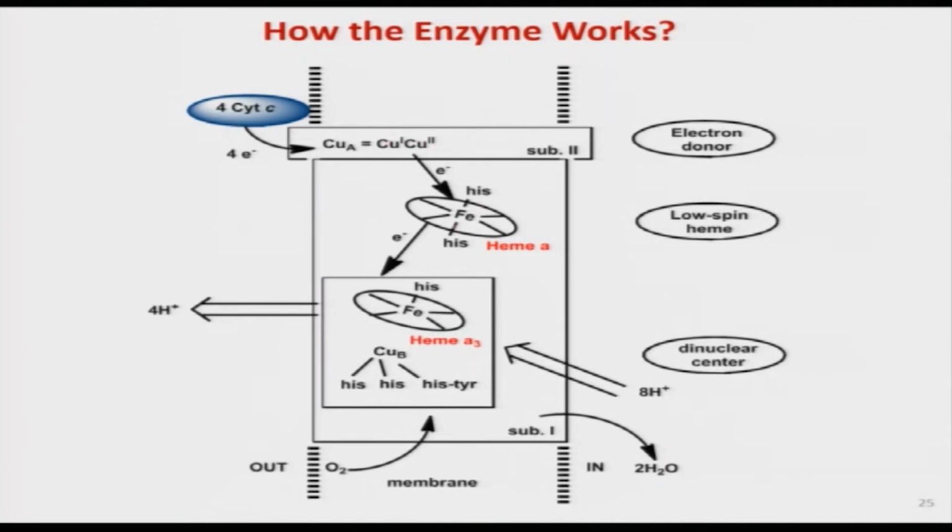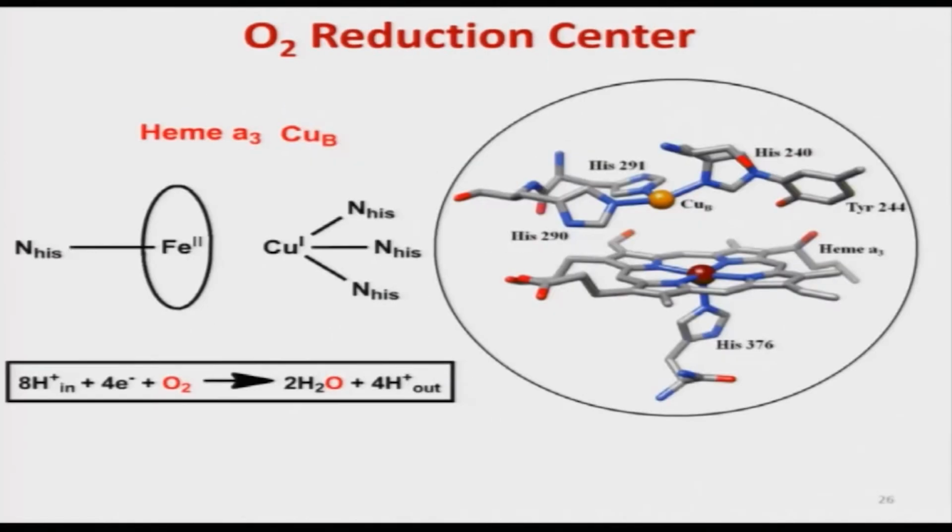So, all these electrons pass from heme A to this heme A3 and copper B, this region where actually dioxygen binds, where dioxygen needs 4 protons 4 electrons to reduce it completely to water. Indeed, this is what is happening.